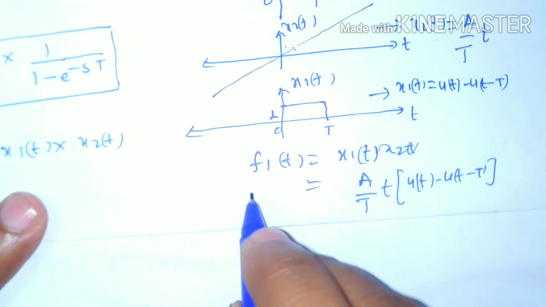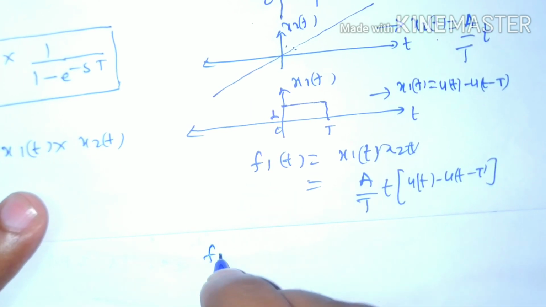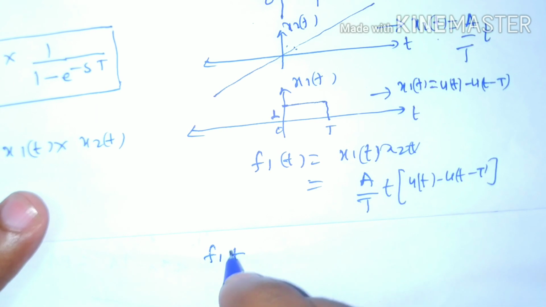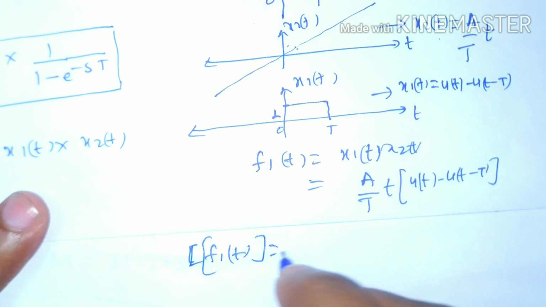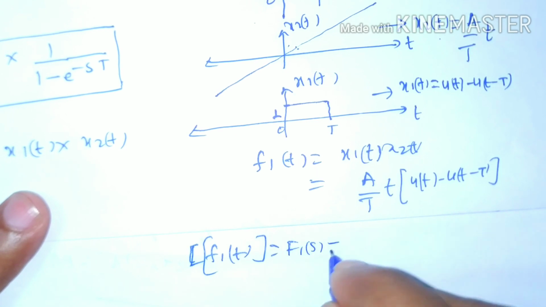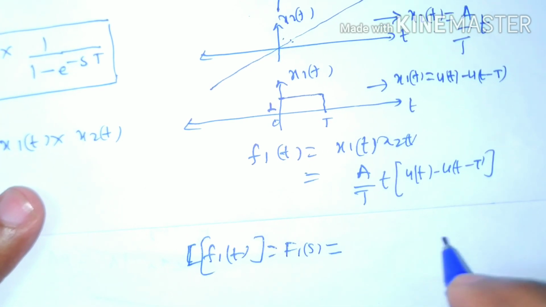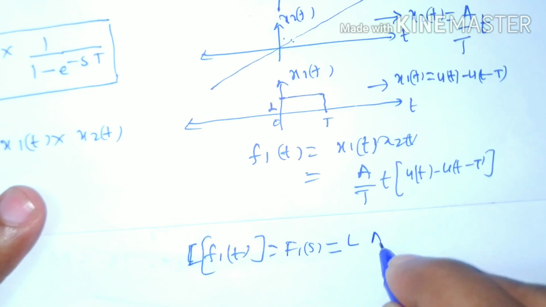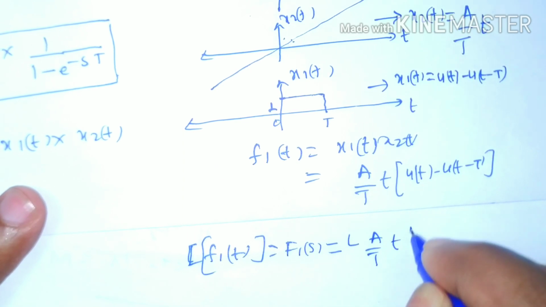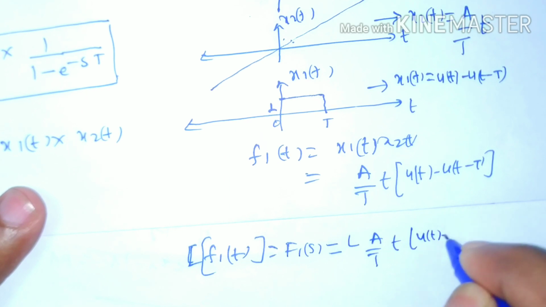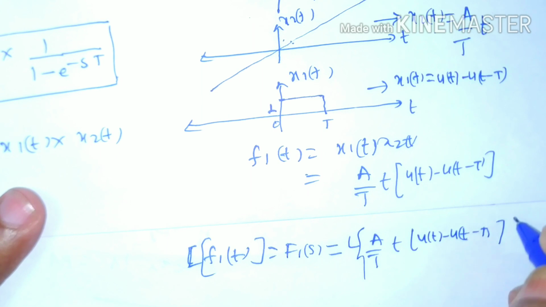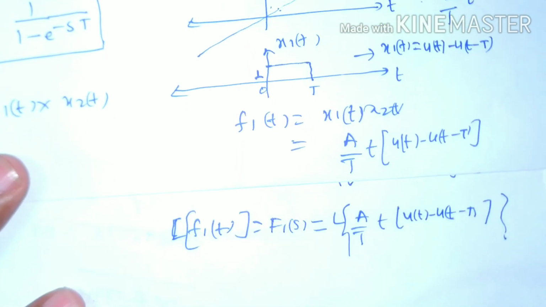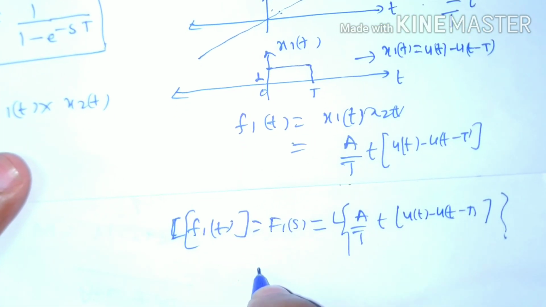We can find the Laplace transform of f1(t), let F1(s), equal to the Laplace transform of this signal, t times u(t) minus u(t minus T). So how can we find the Laplace transform of this signal?